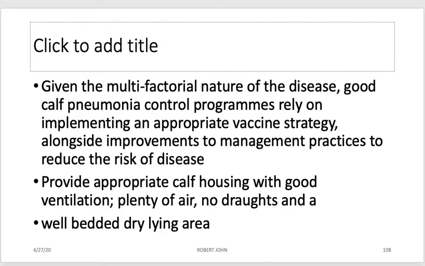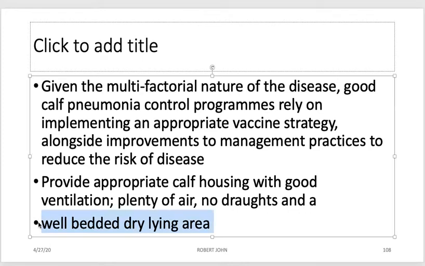You can read more, but some of the points include that this is a multifactorial disease, and control programs rely on an appropriate vaccine strategy, so vaccination, alongside improvement of management practices to reduce the risk of disease. Also provide calf housing with good ventilation, plenty of air, and no drafts, and also a well-bedded dry area.